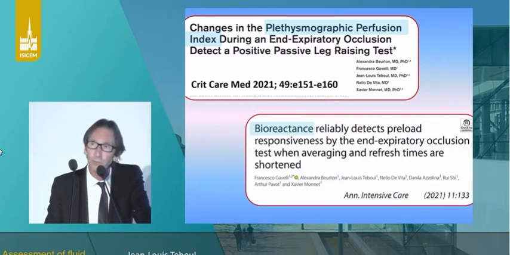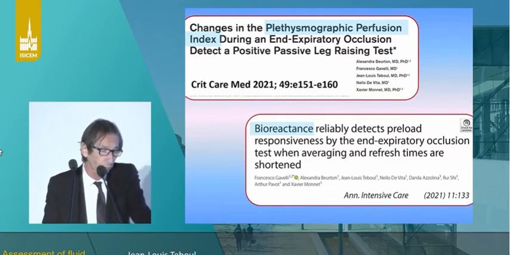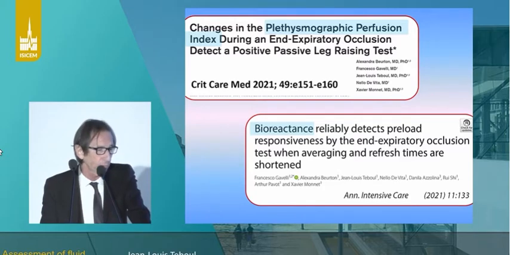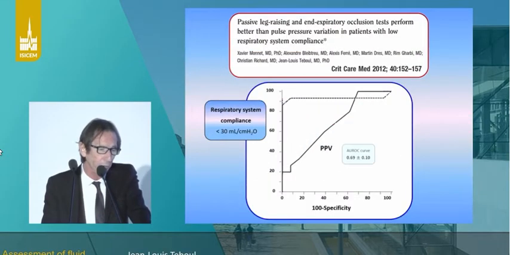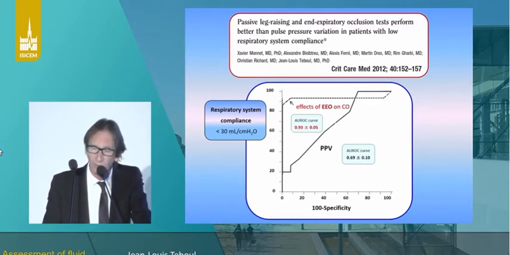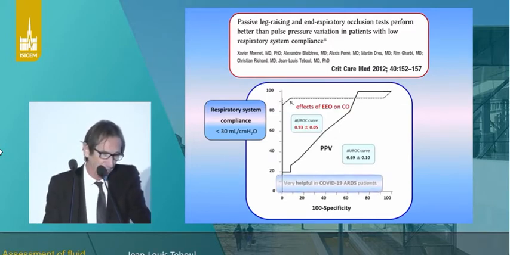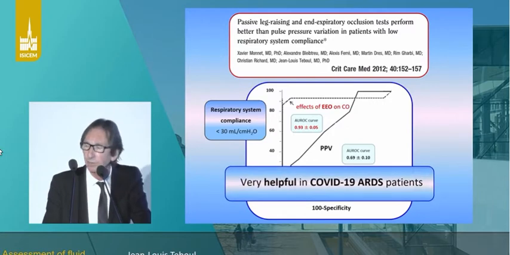And also bioreactance, a non-invasive cardiac output monitor, also could do the job of predicting fluid responsiveness using the expiratory occlusion test. And this test worked very well in ARDS patients when the compliance of the lungs is low and when the patient is ventilated with low tidal volume, better than PPV. It is very helpful also in COVID-19 ARDS patients.